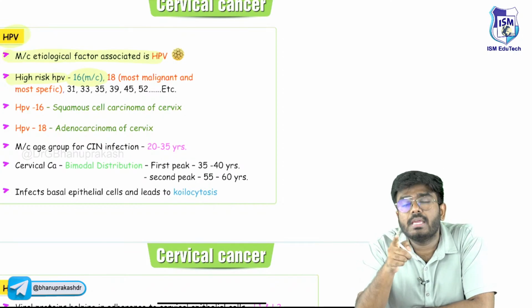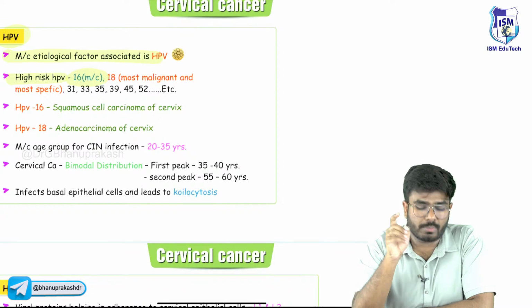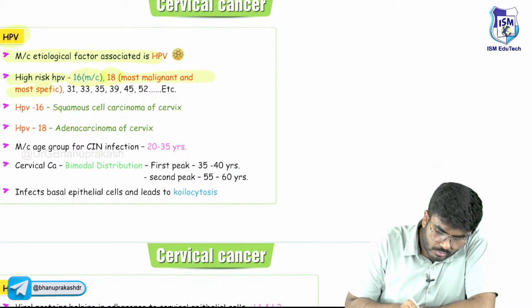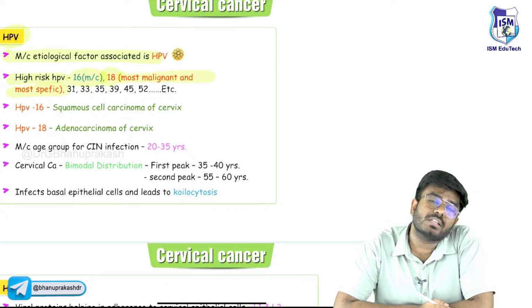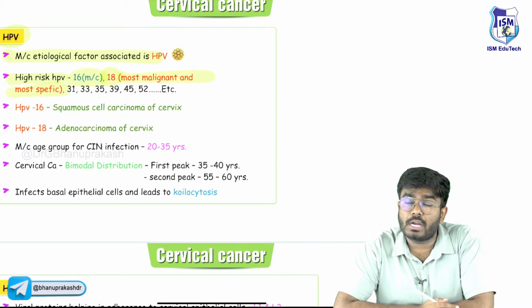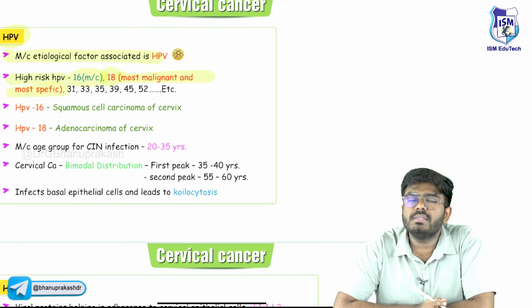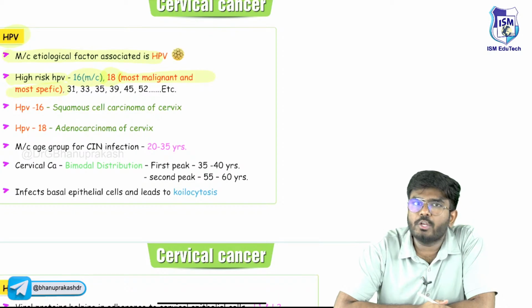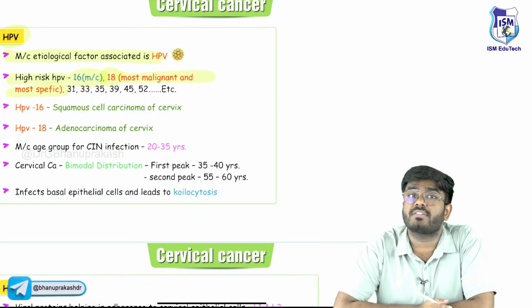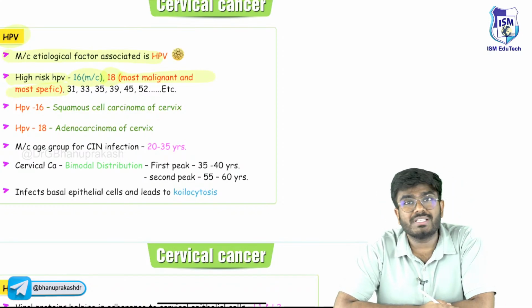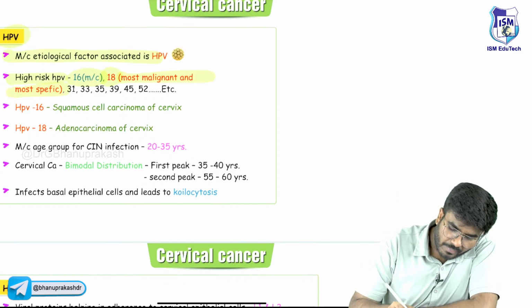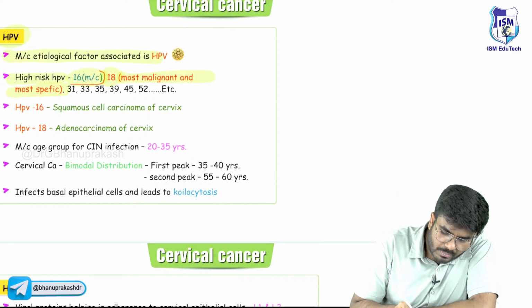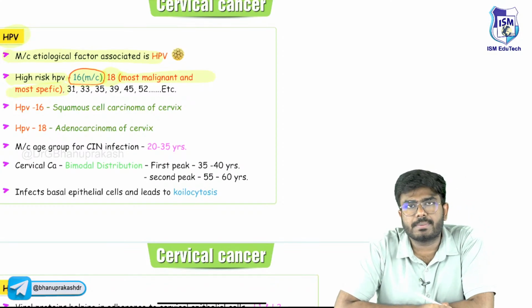HPV 16 is going to cause squamous cell carcinoma, but HPV 18 is going to cause adenocarcinoma of the cervix. So there are two types of cervical cancer: squamous cell carcinoma and adenocarcinoma of the cervix. If they ask you what is the most common virus causing cervical cancer, it is 16.